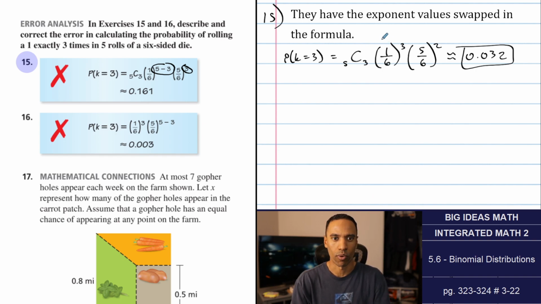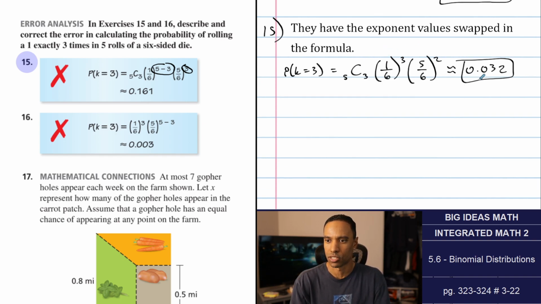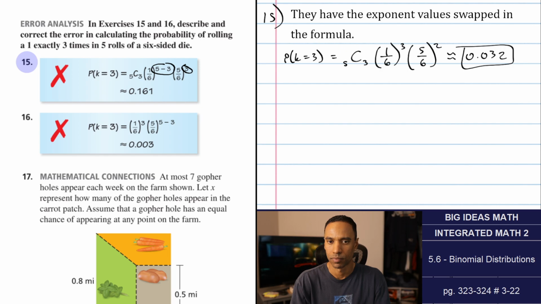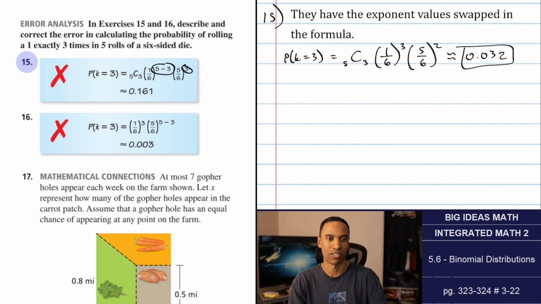And that's 0.032, about a 3.2% chance that it's exactly that many times, instead of the 0.161, the 16% chance that they said. And that kind of makes sense. If you have a 1/6 chance of landing on it, then 3 of the 5 landing on that same number is not likely.